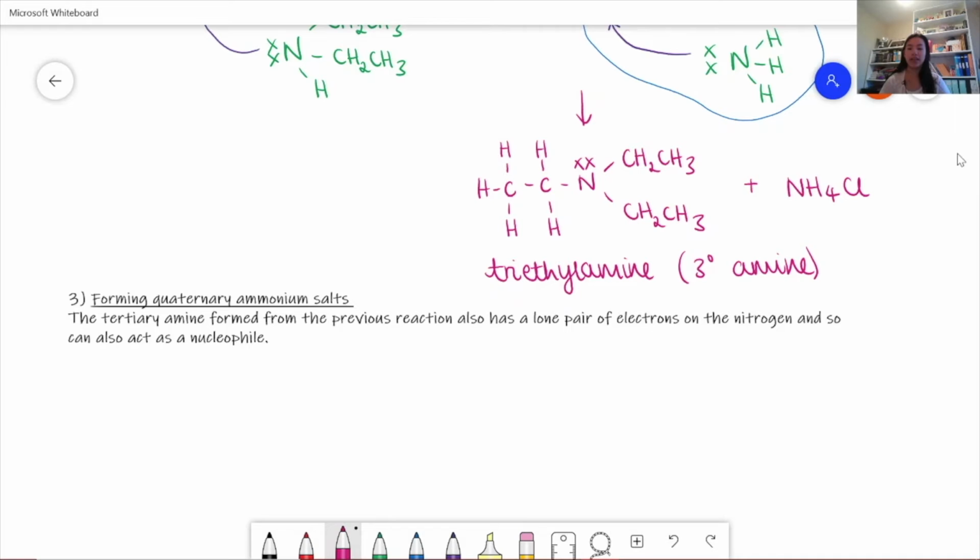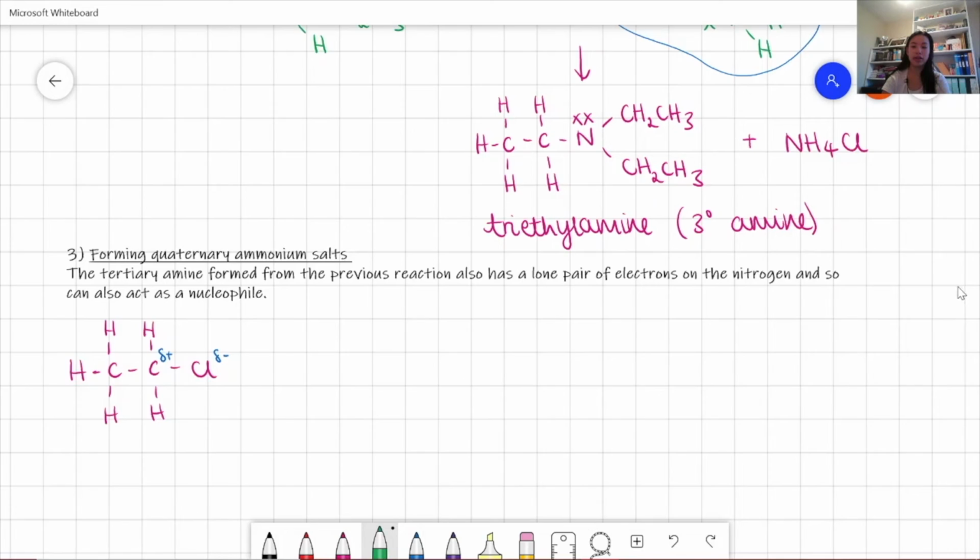And so what we have is that, again, we have chloroethane. So I'm going to write it CH3 and then chlorine on the end. Again, remembering the partial charges, so we've got partially positive and partially negative. And then this time the nucleophile is this triethylamine.